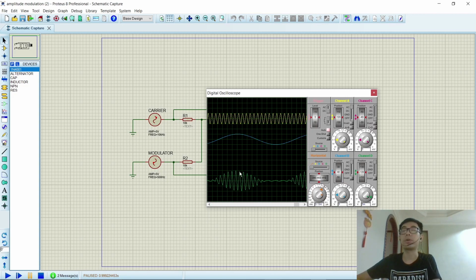That's because it is in phase with our modulator signal.